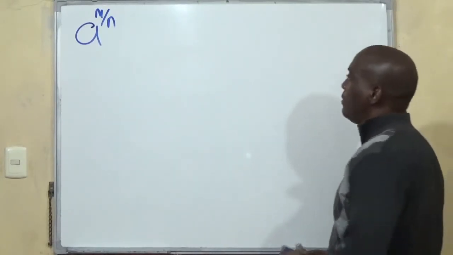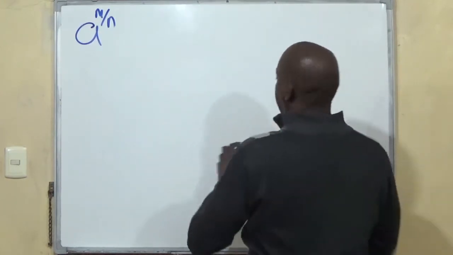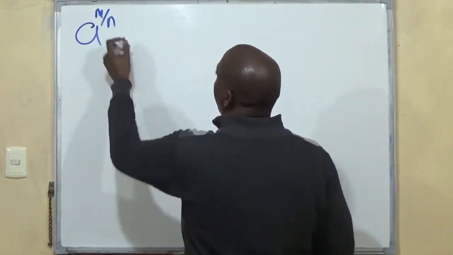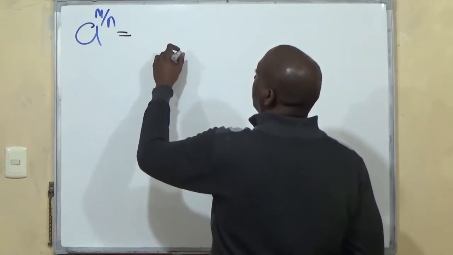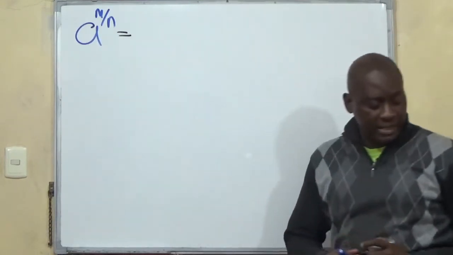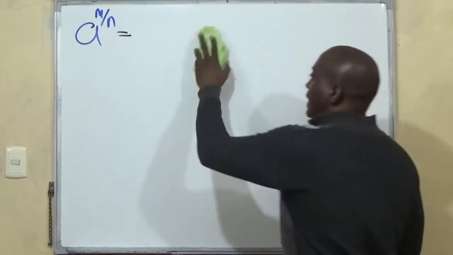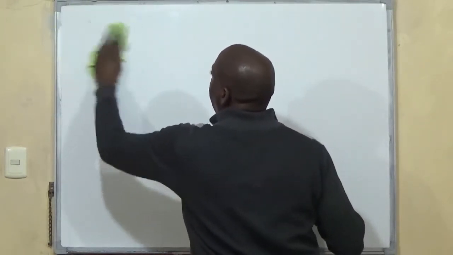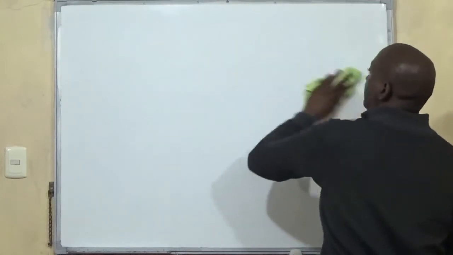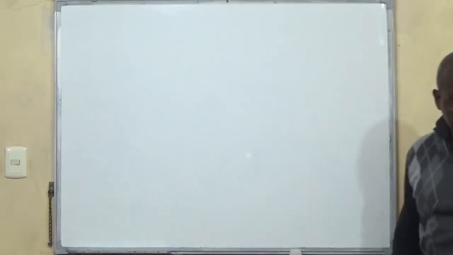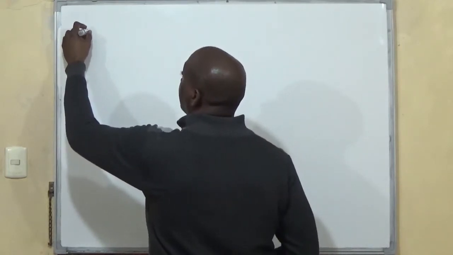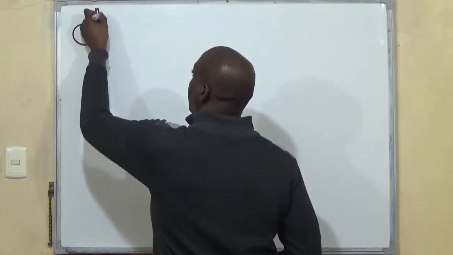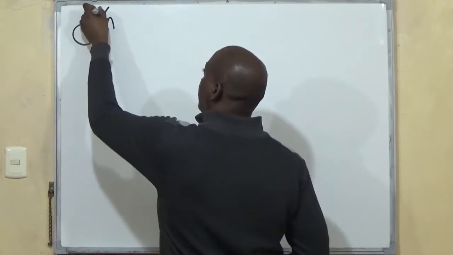So we started in blue and we're saying that in black we have, let me start with black. And we go to blue and red. So in black we are saying that a to the power of m over n.